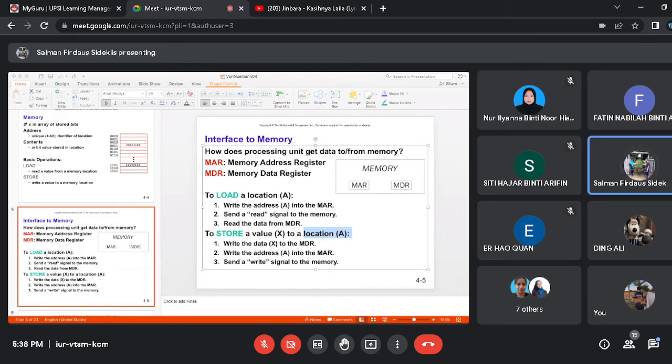Awak tak makan terus daripada kuali kan? So you're not just get the food from the pan. You need to transfer it on the plate before you serve it on the table. So the use of temporary component is similar like the plate. Dia nak simpan sekejap. Dia nak letak makanan tu, nak letak data.